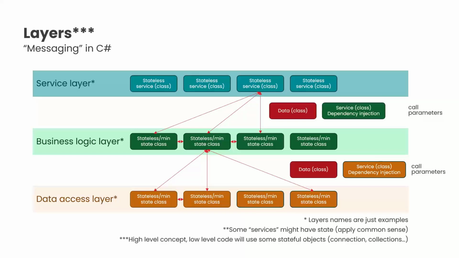At the bottom, you have the data access layer, where again you have classes that access the database and allow you to store or load the data. They can be stateless, or have some very minimal state. Again, you're passing to them classes or objects that have just data inside, or maybe some services as dependency injection. That's how those database applications are written in C#.